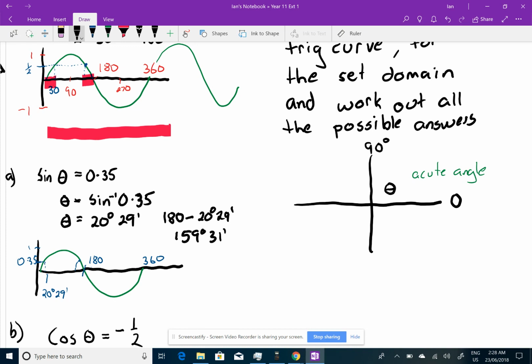Now, if the curve hits between 0 and 180, if it's less than 180, it's 180 minus whatever the acute angle was.